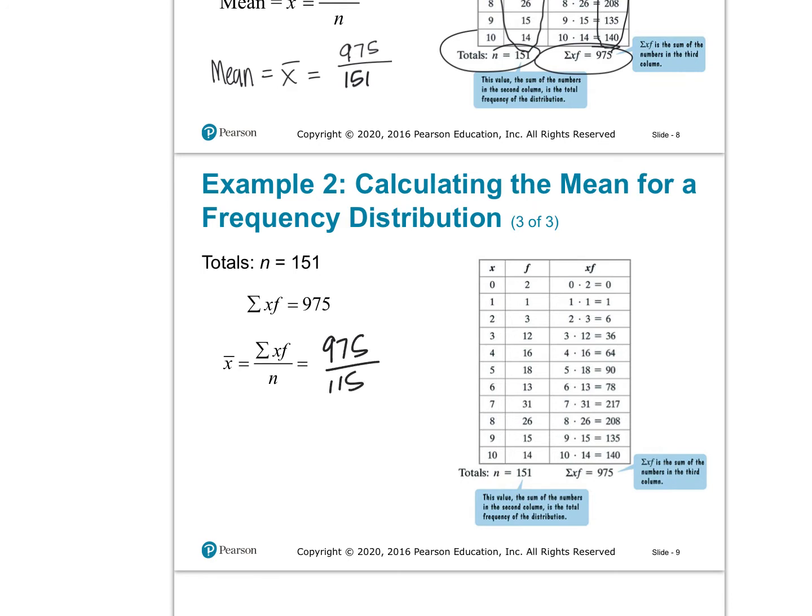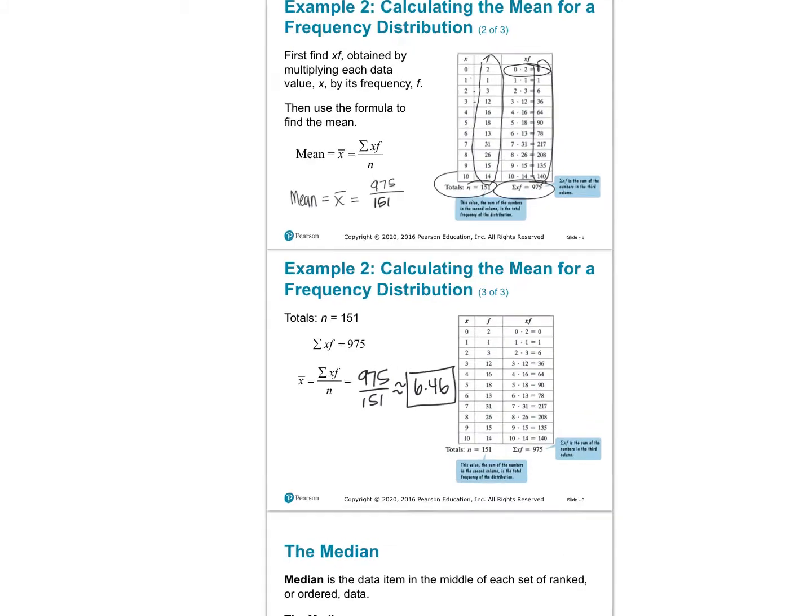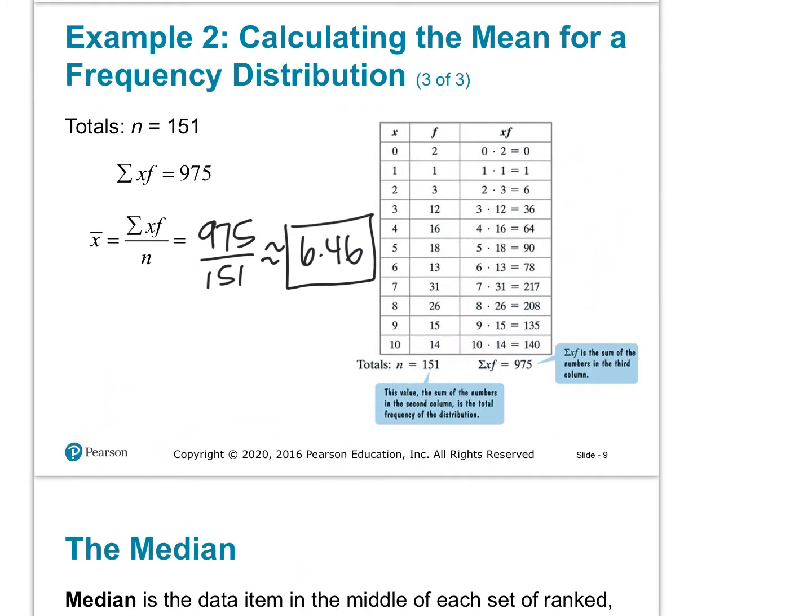Oh, not 115. If I wrote it the right way, 975 over 151. So we get approximately, we should do approximation because it's decimals and we round, 6.46. That would be our mean for that data set, or the average stress level for those 151 people.